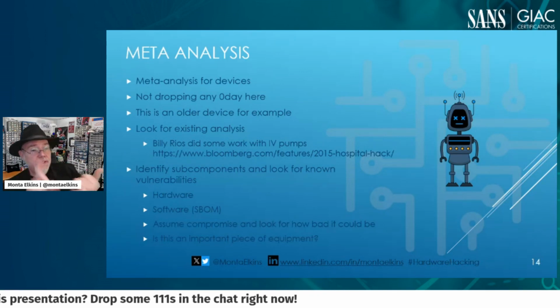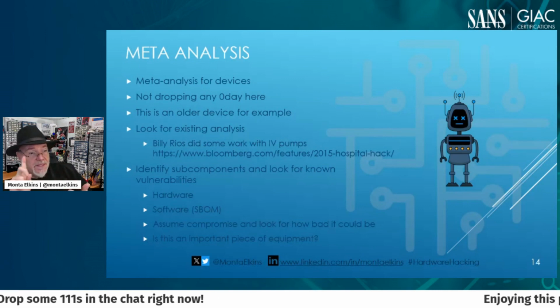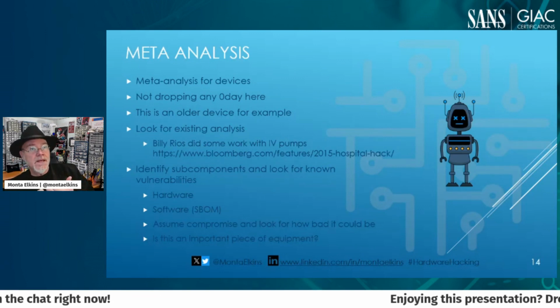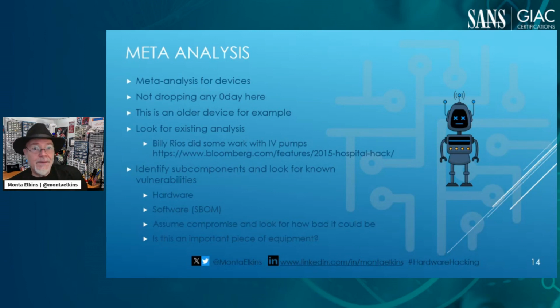So there may be existing vulnerabilities in hardware. There may be some in software. Software bill of materials might help with that. We're calling those SBOMs, and there's some companies, NetRise and Eclypsium and some others, that can help you analyze the firmware in a device. But we're going to look at some shortcuts, like assuming that it was compromised and figuring out how bad that could be.